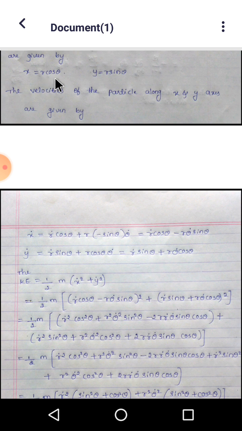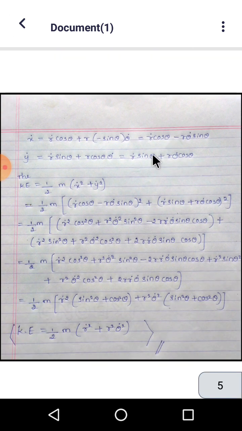It is differentiation; in integration u into v is not used, that needs integration by parts, but here it is differentiation. r into cos θ: r gives ṙ, cos θ stays, plus r, and the differentiation of cos θ is minus sin θ into θ̇. That equals ṙ cos θ minus r θ̇ sin θ. Next, y equals r sin θ, so ẏ equals ṙ sin θ as it is plus r cos θ θ̇, which equals ṙ sin θ plus r θ̇ cos θ. Understood?